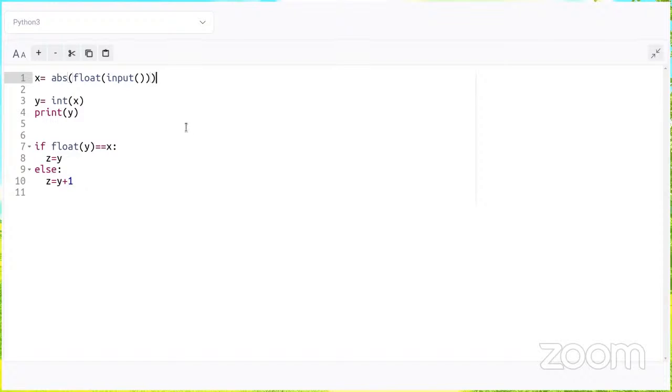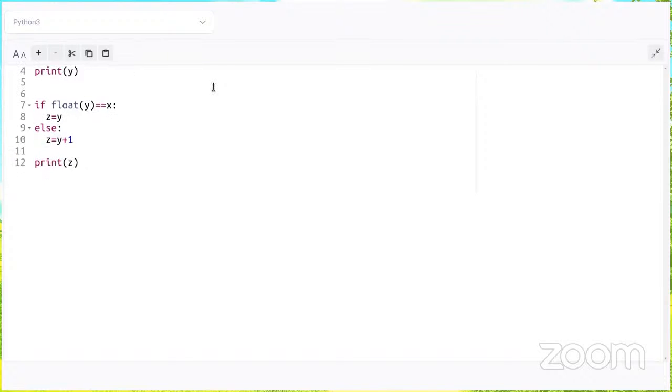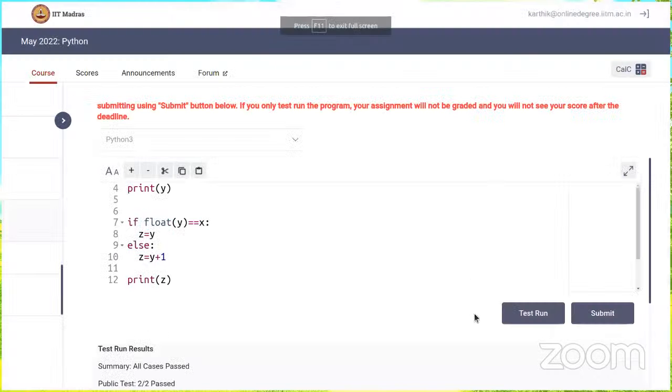And if the float value of y is equal to x, which means 5.0 is equal to 5 or something like that, then you keep the same value as y also. Otherwise, you add one to it. So if you get an input as 5.0, then both outputs should be 5 and 5. Otherwise, if it's something like 5.3, the first output would be 5 and the next would be 6. Okay. So let's run this and see what we get.